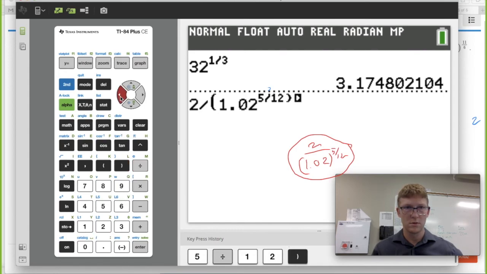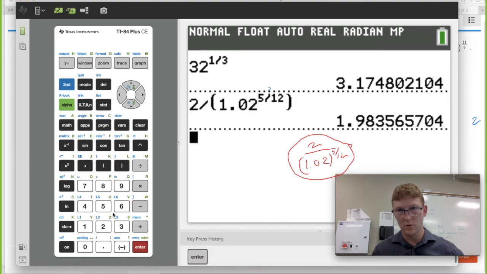Oops, that's not what I wanted. By the way, this delete button deletes the one thing that is selected, or the next thing back. So if you make a mistake, that's how you can do it. We gotta go out and finish my parentheses, and we should be good to go. So our answer is 1.